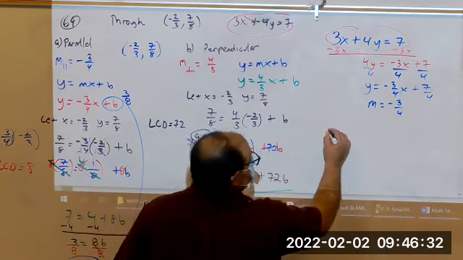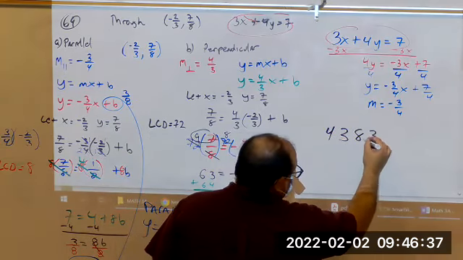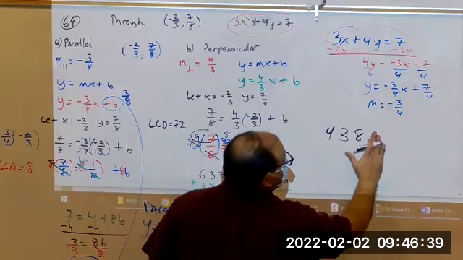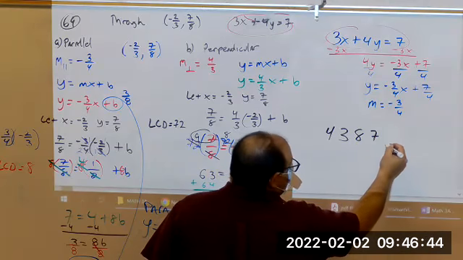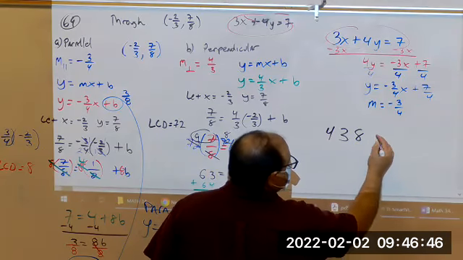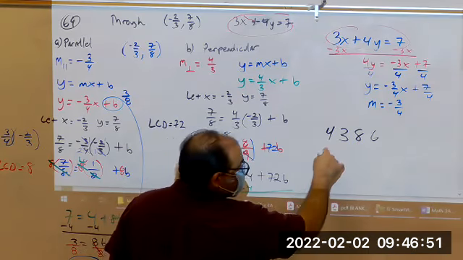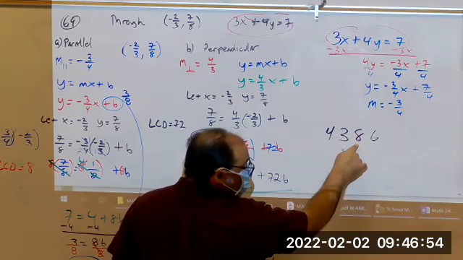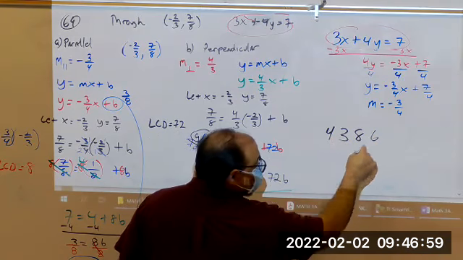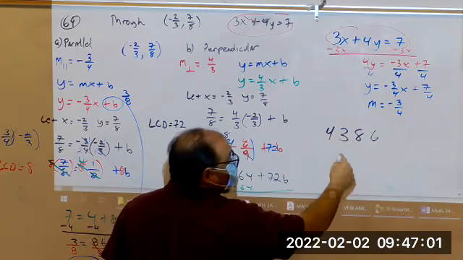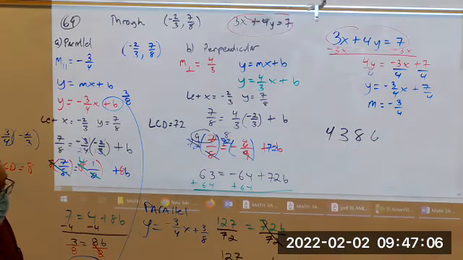So for instance, if you have 4,386, well, 4 plus 3 is 7. 7 plus 8 is 15. 15 plus 6 is 21. These 4 digits add up to 21. Since 3 goes into 21, I can divide that by 3. Now that's the rule for 3.